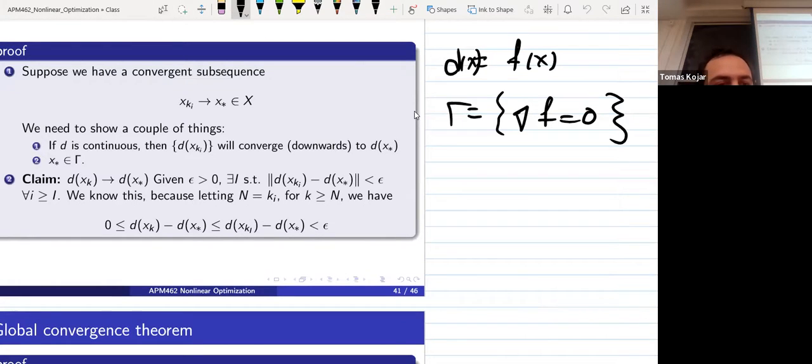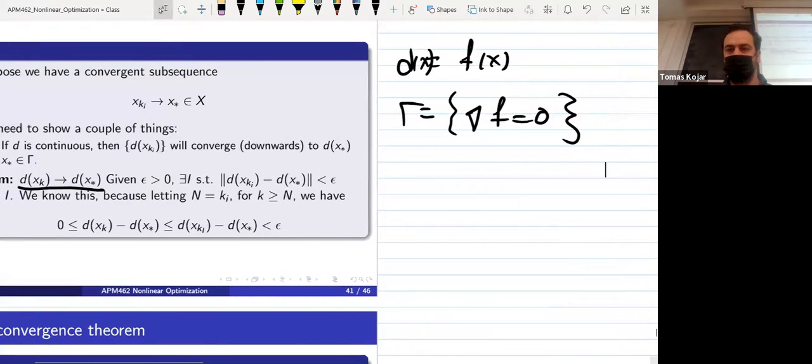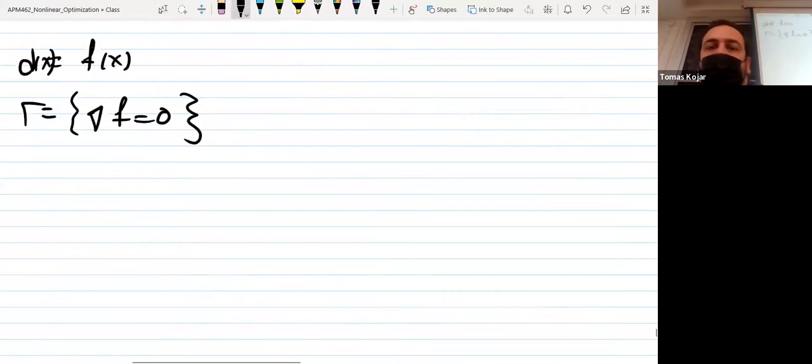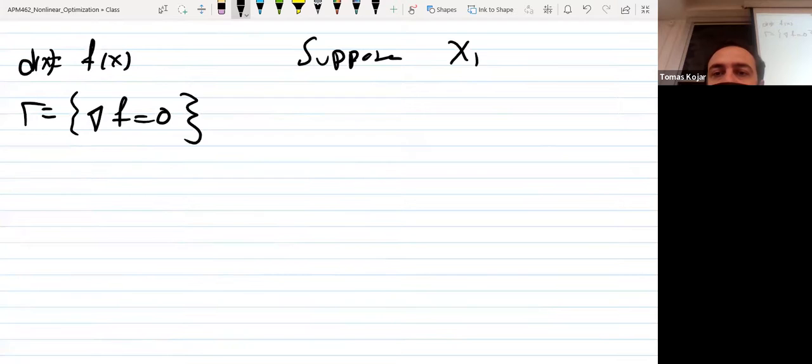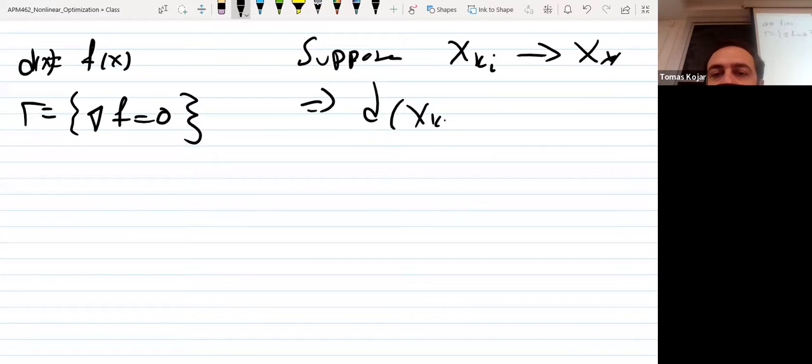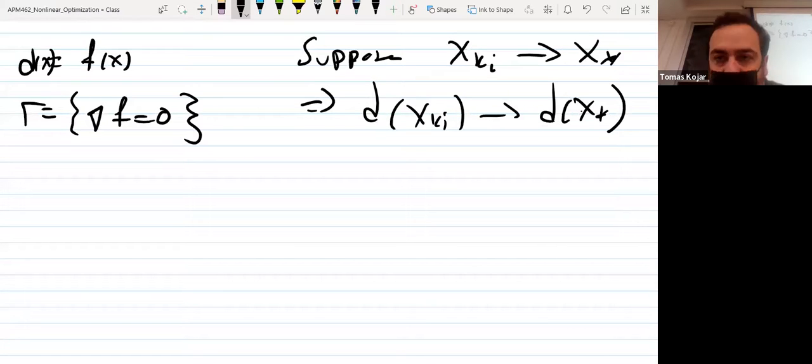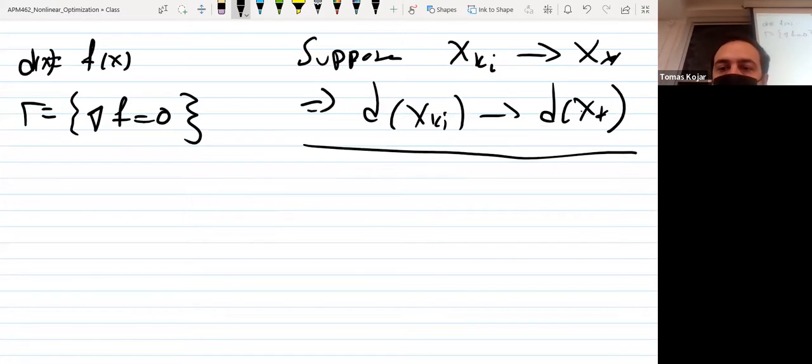Okay, now let's do this. So first, let me prove to you that the function itself converges to this. I'll do it on the side. I'll prove the following. Suppose x of ki goes to x star, then d of xki also goes to the limit. Let's go.